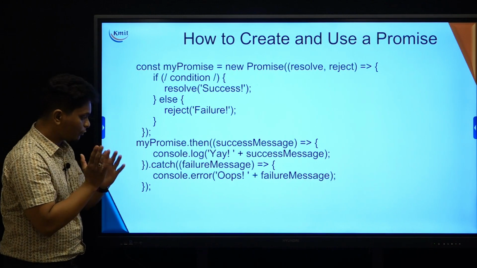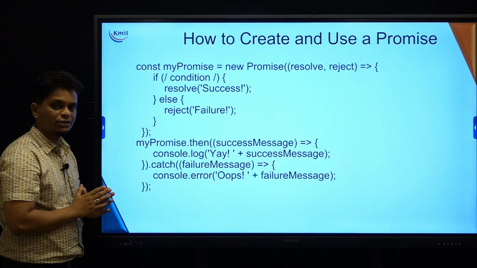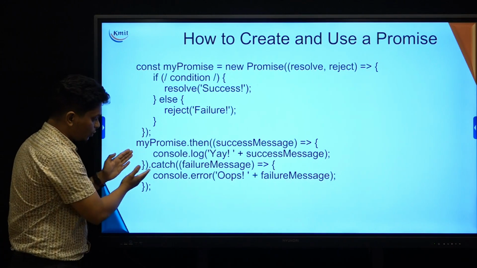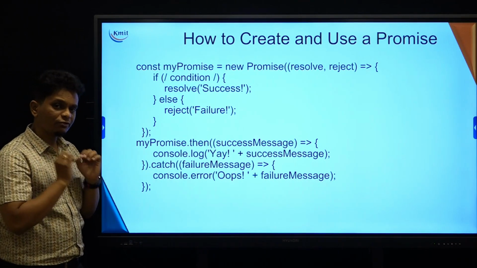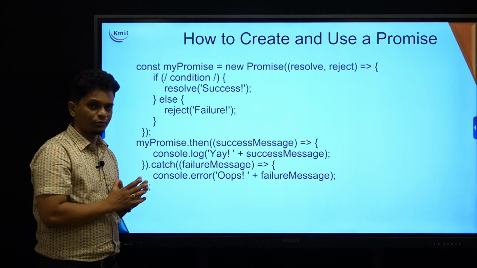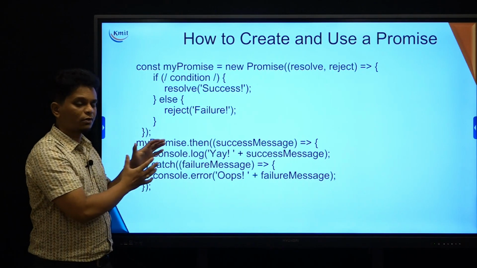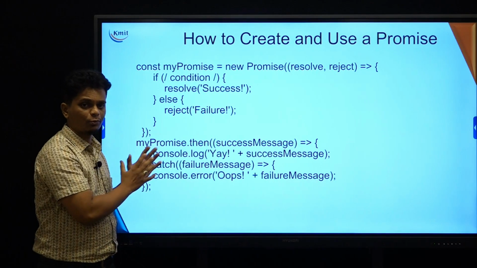Okay, and if you observe closely, we have used dot then and dot catch. Dot catch is a very efficient way to handle errors when we are dealing with promises. In the coming slides, we will talk in detail about the exception handling part of promises.